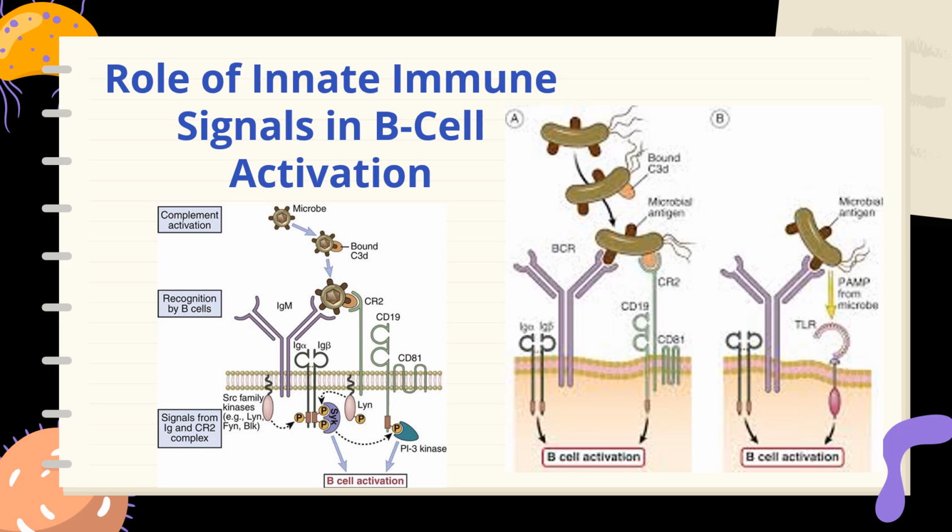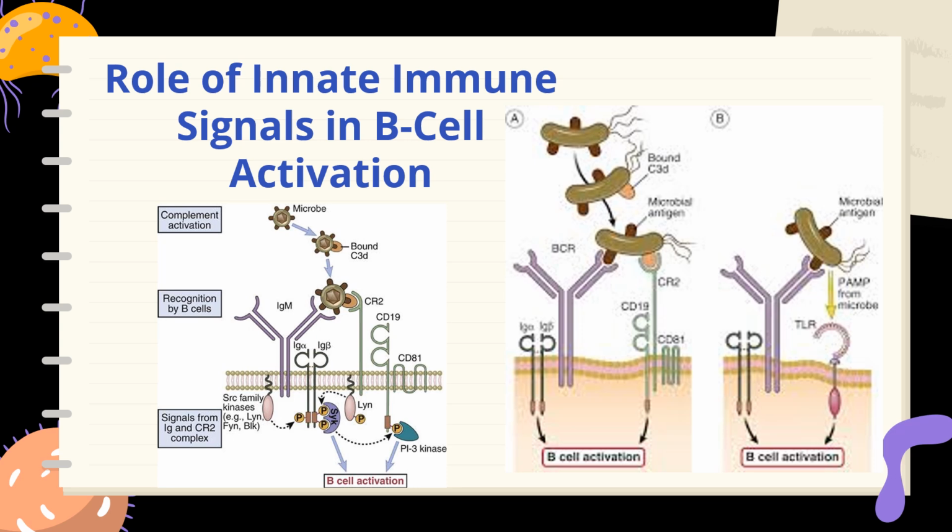Another innate immune signal in B cell activation are TLRs on B cell surfaces that recognize PAMPs, or pathogen-associated molecular patterns, of a microbial antigen. This recognition simultaneously occurs as microbial antigens are being recognized by BCRs. The TLR recognition and activation of B cell is shown on the far right, and the complement activation of B cells is shown on the left.